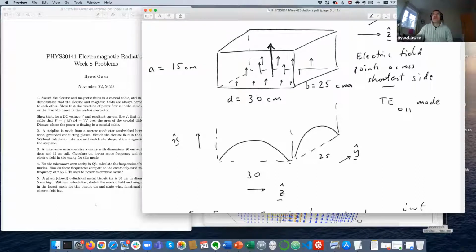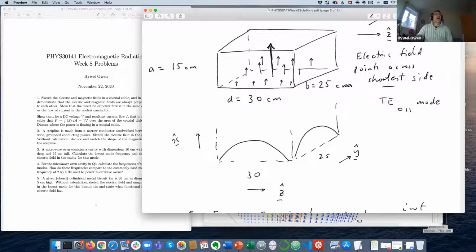The same thing is true for the Y direction. That number 1 means the electric field goes up to a maximum in the middle of the cavity and then falls to 0 again. And remember which way we said the electric field is pointing in this particular mode. The electric field is pointing upwards everywhere.